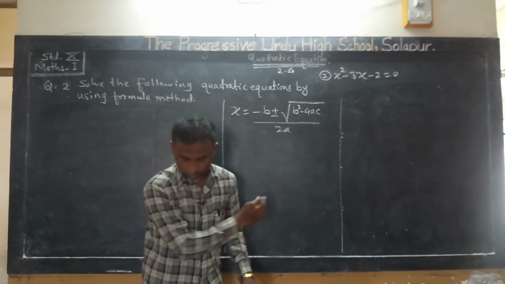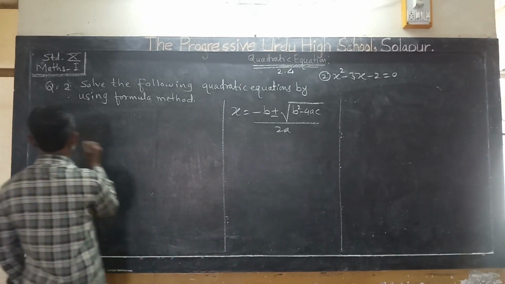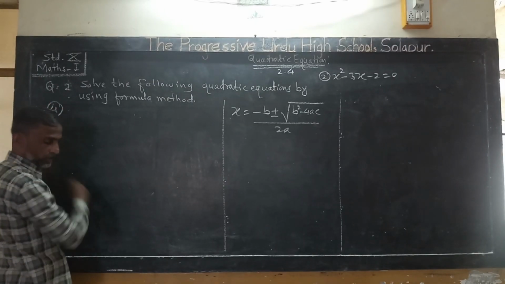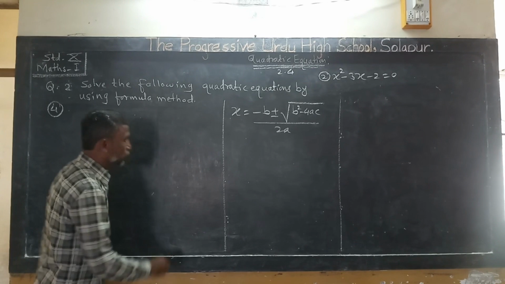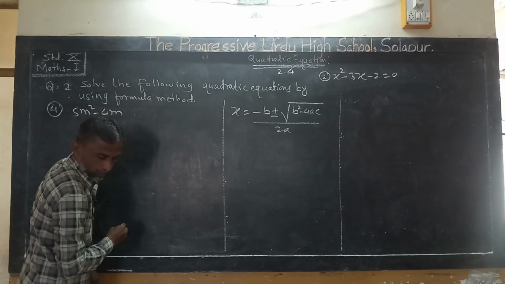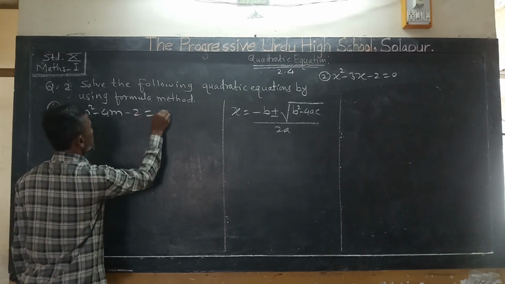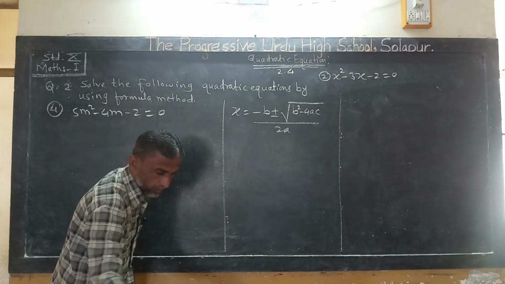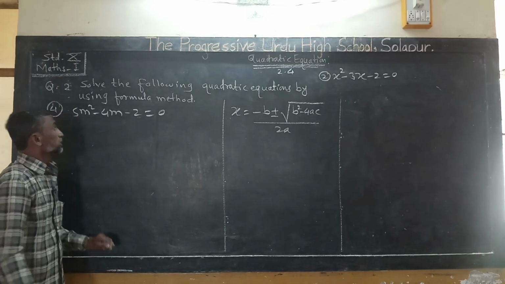Now next question, question number 4. 5m square minus 4m minus 2 is equal to 0. This is the fourth example.